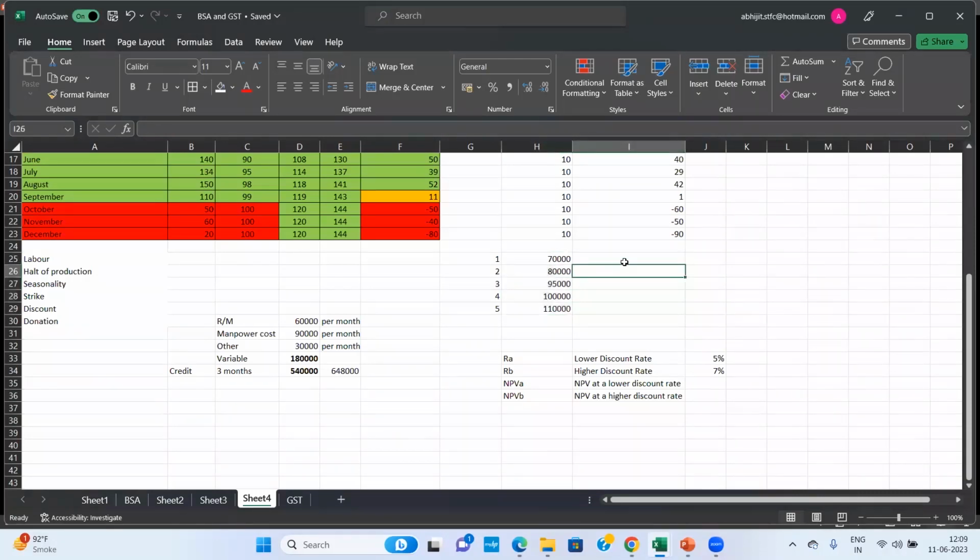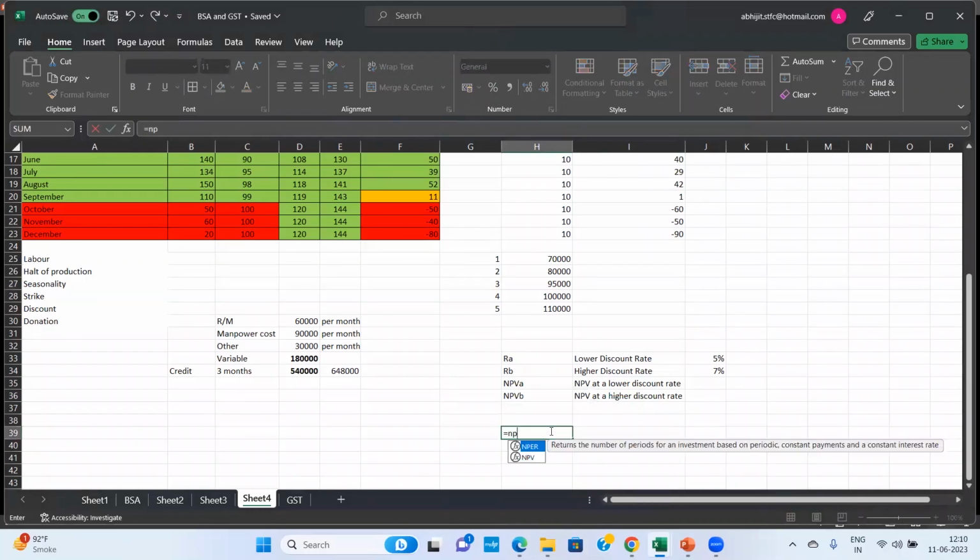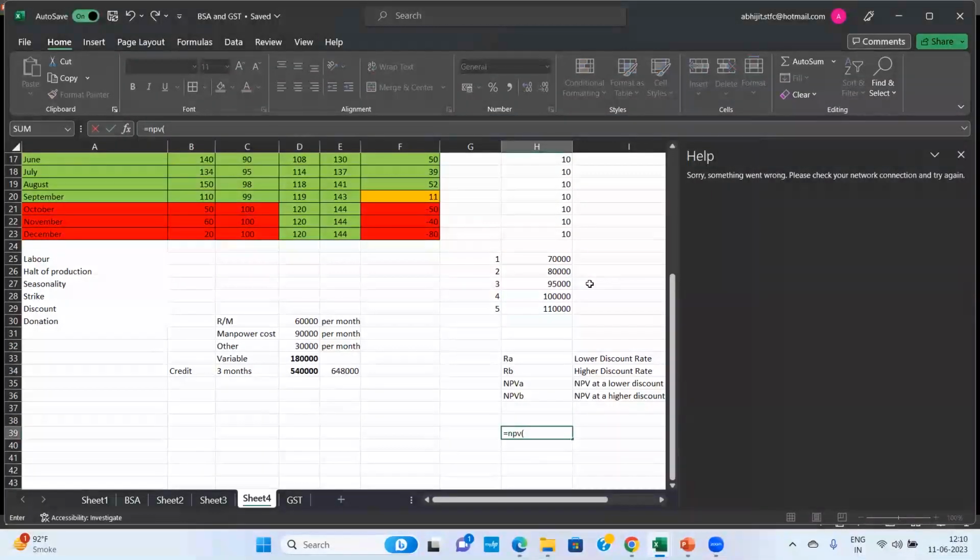Yashwant, you can use the formula as well, because it will save some time.